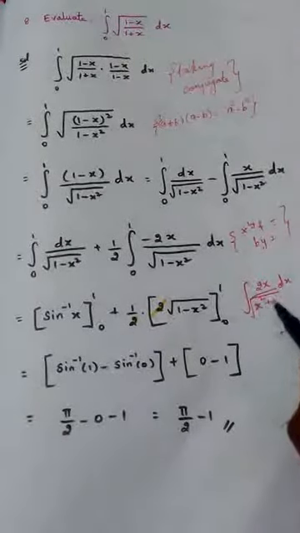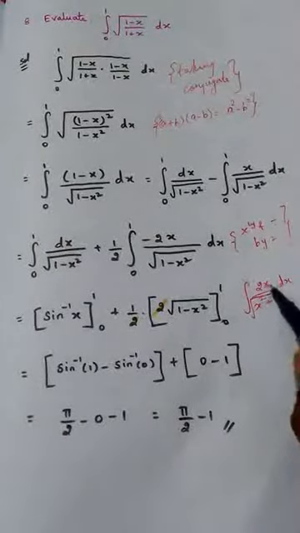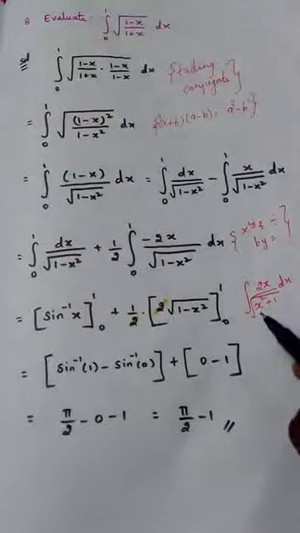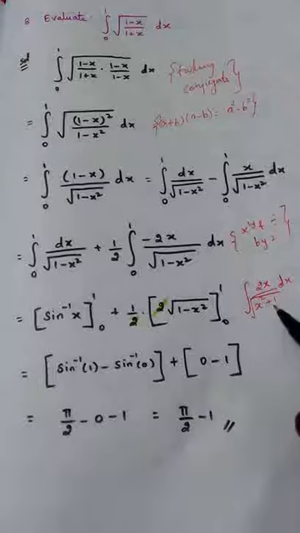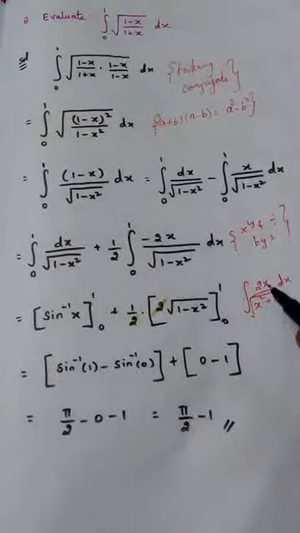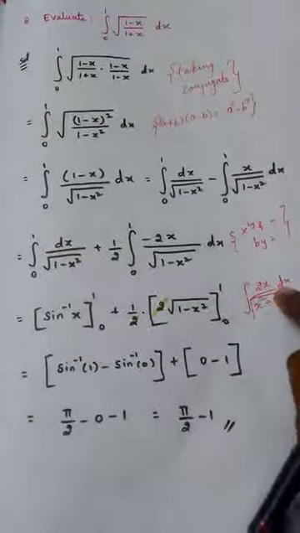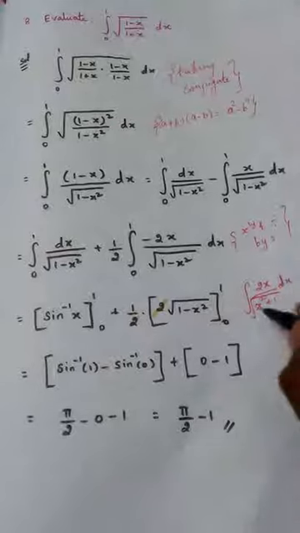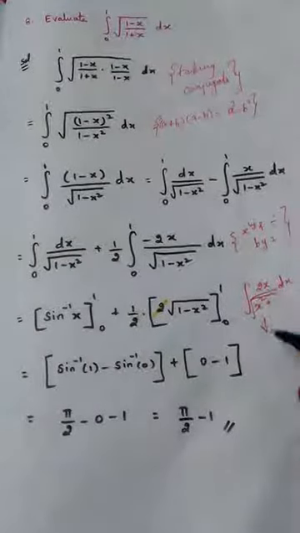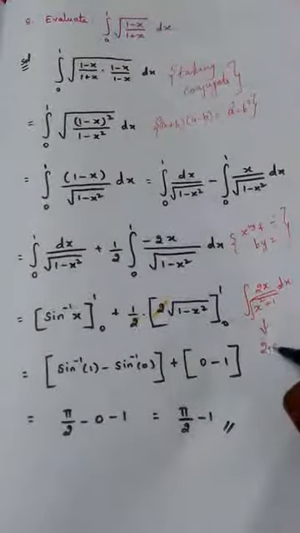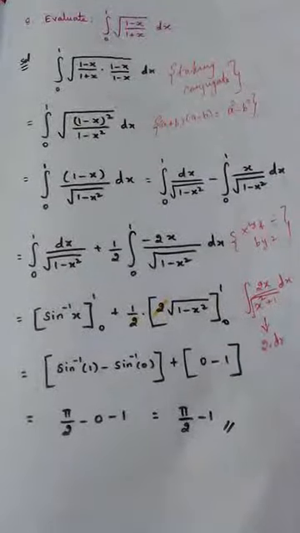So the differentiation of the denominator is 2x, which is present in the numerator. Listen carefully. If I differentiate the denominator, the answer comes as 2x, which is present in the numerator. If this is the case, and the denominator is present inside the root, the integration answer is 2 times the denominator.